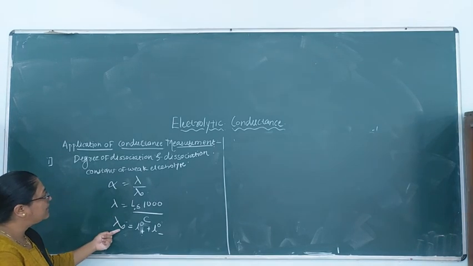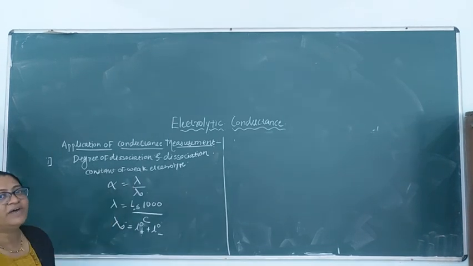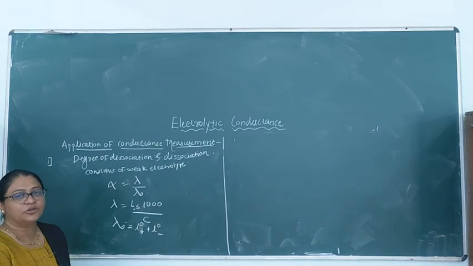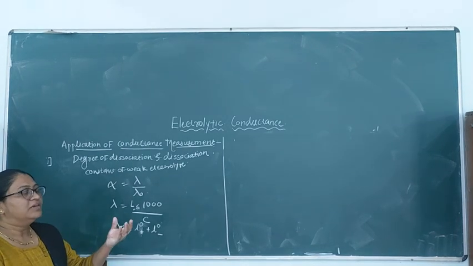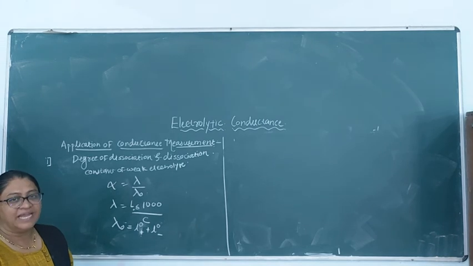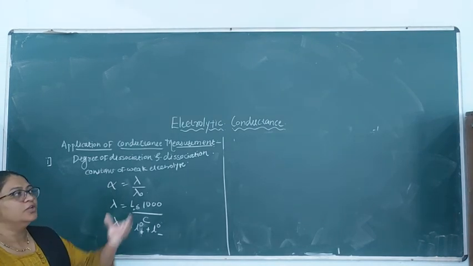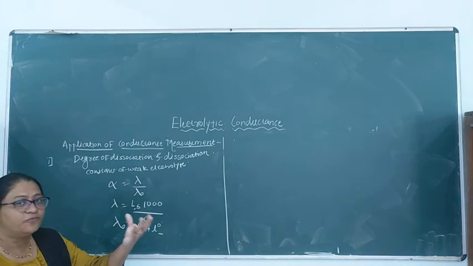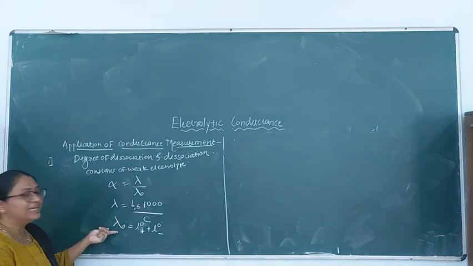Then we can calculate lambda 0 from the table of ionic conductivities. For example, acetic acid, which is a weak electrolyte, a weak acid. The ionic conductivity of H plus and the ionic conductivity of acetate ion we can take from the table of ionic conductivities, and by taking those values we can calculate lambda 0.